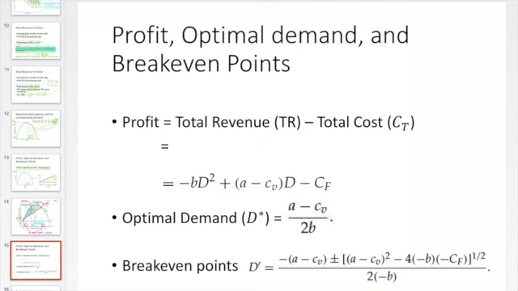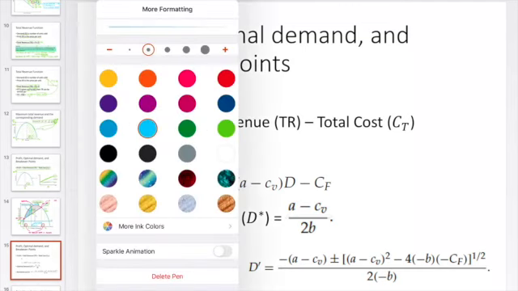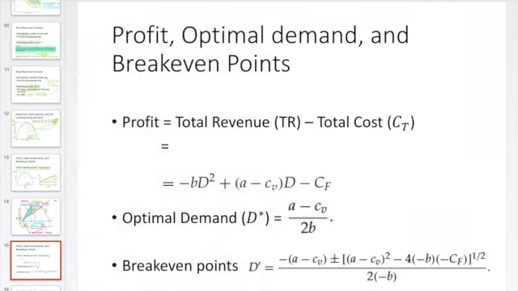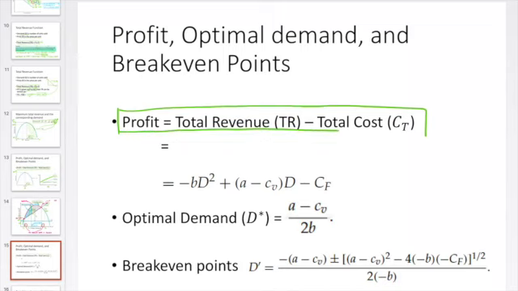So what function or what formula can we use? So first, the profit. The profit is total revenue minus total cost. That's very easy to understand. But to calculate, we need to write it into a formula, right?